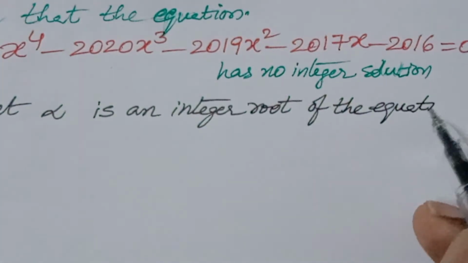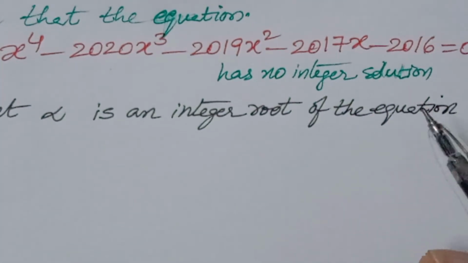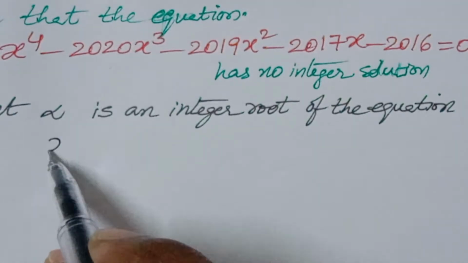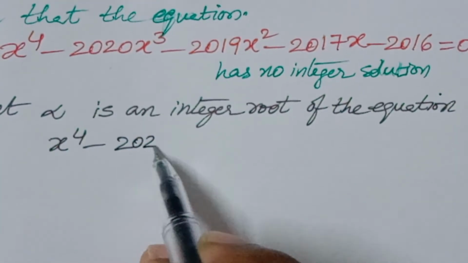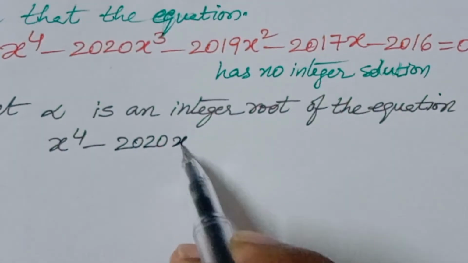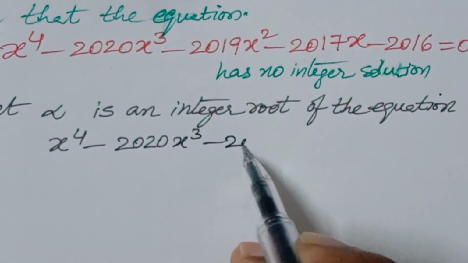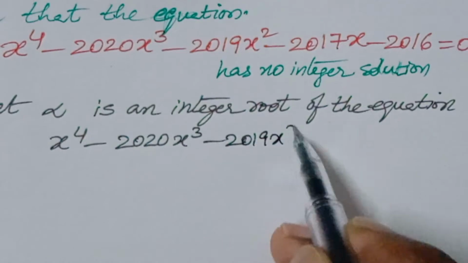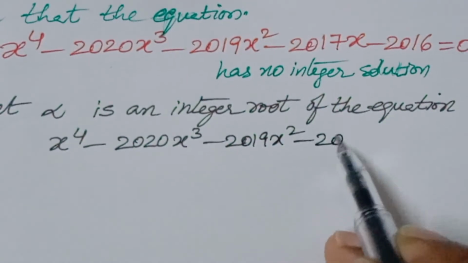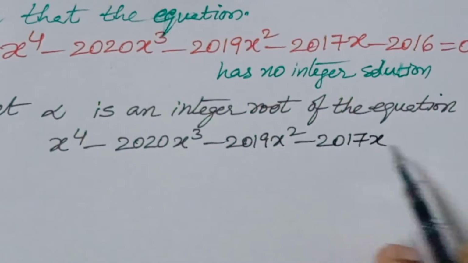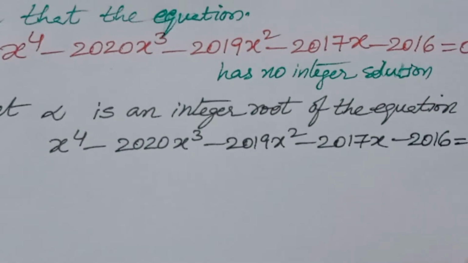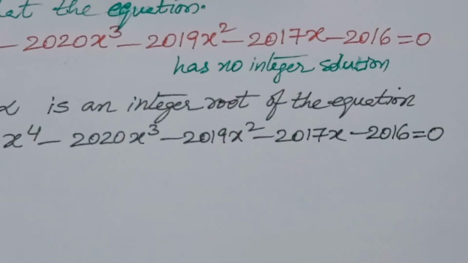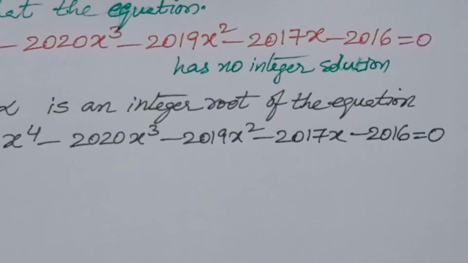If it is an integer solution, it should satisfy x^4 - 2020x^3 - 2019x^2 - 2017x - 2016 = 0.